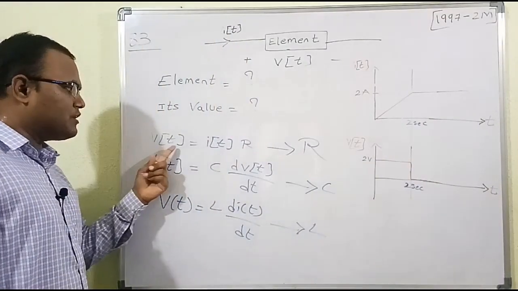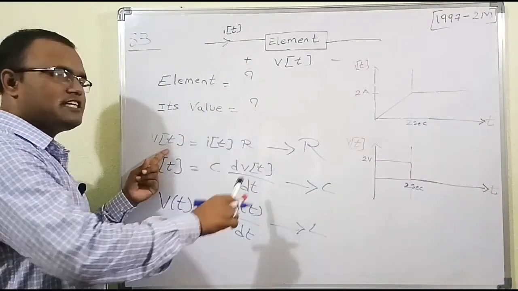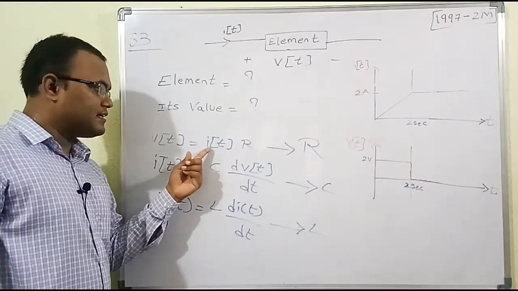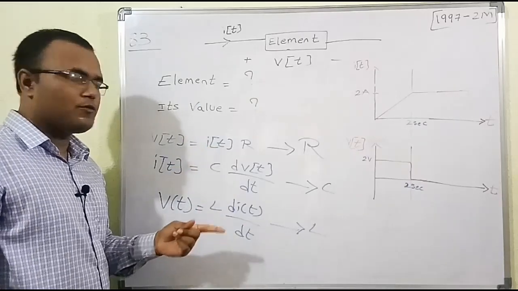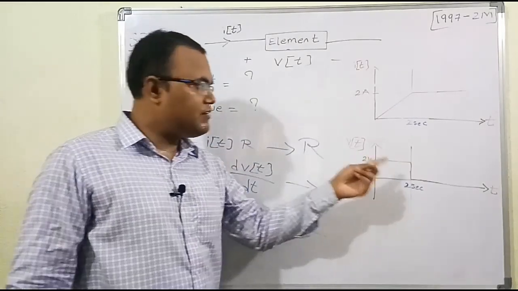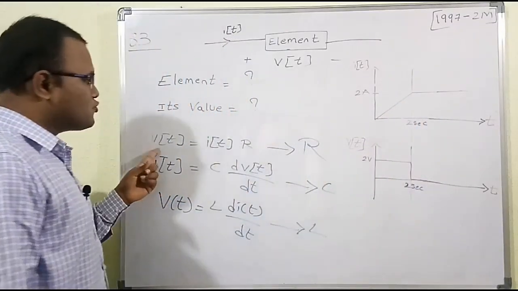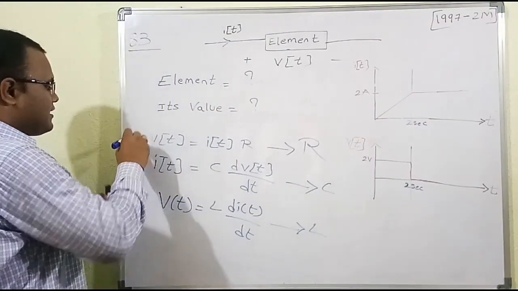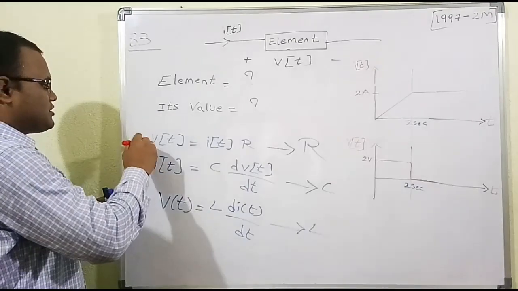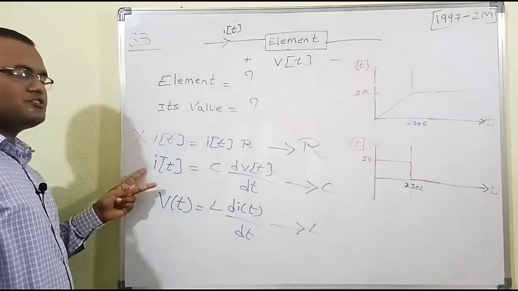Even if the voltage is 0, the current is not 0. So this element is not a resistor. Therefore two options are available.